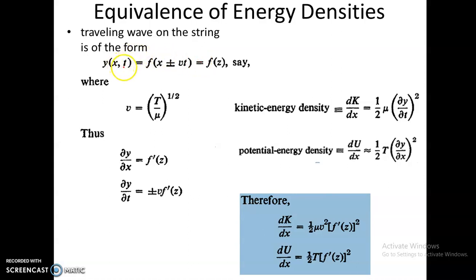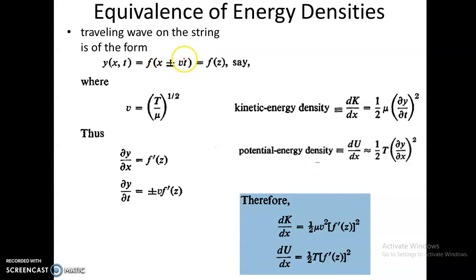This generally follows an empirical relationship of a periodic function. We say y, which is the displacement from the equilibrium position, is a function of the x coordinate and the time coordinate, a mathematical function which is periodic. A periodic function is represented as a function of x plus or minus v t, where v is the wave velocity.